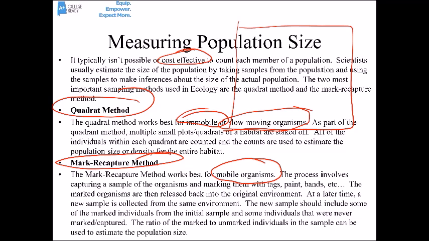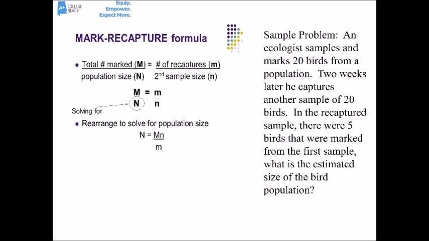So let's look at a sample and a formula for how to do that. So here's the common formula we're going to use. We're going to take the ratio of the marked individuals over the total population size, and we're going to set that equal to the number of organisms that are recaptured in the second sample divided by the size of the second sample.